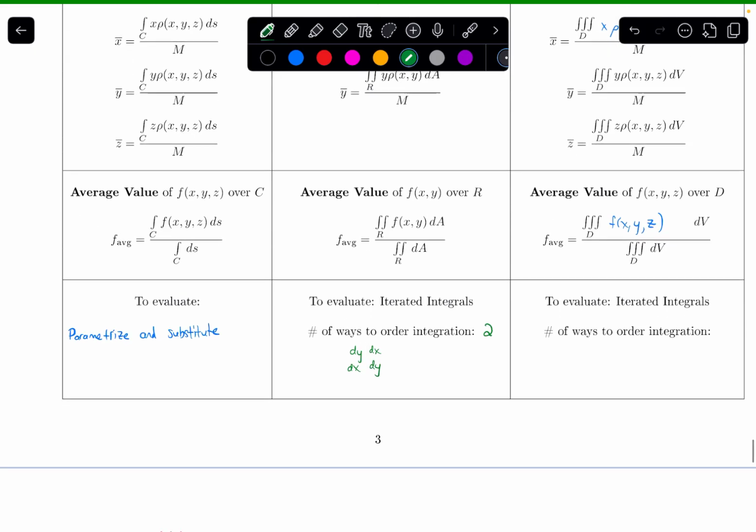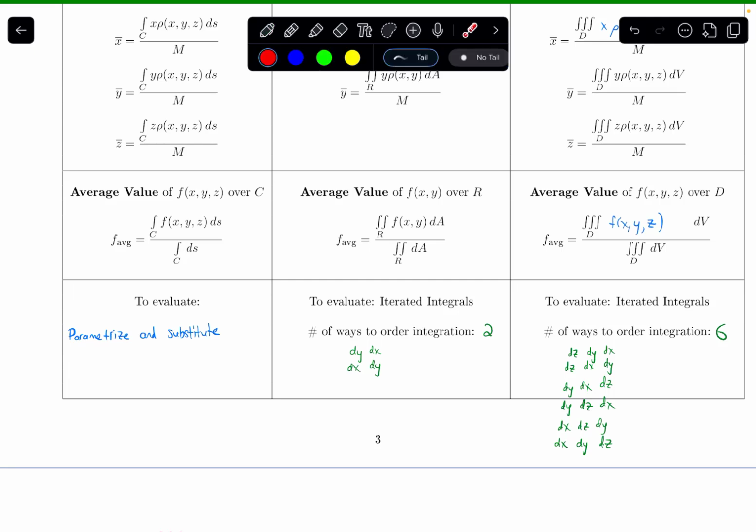With the triple integral, there's a bunch more. Because if I do z first, well, I can do y after that, and then x. Or if I do z first, I could swap the x and y, so dx and then dy. I could put the y first, and then do dx dz, or put the y first, and then do dz dx. Finally, I can put dx first, and do dz dy, or dx first, and then dy dz. So overall, that's 6 possible orders of integration.